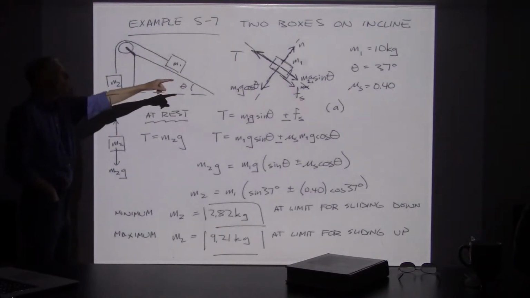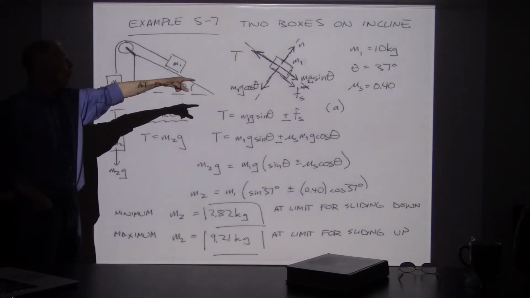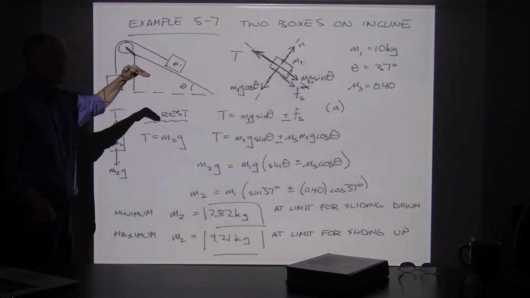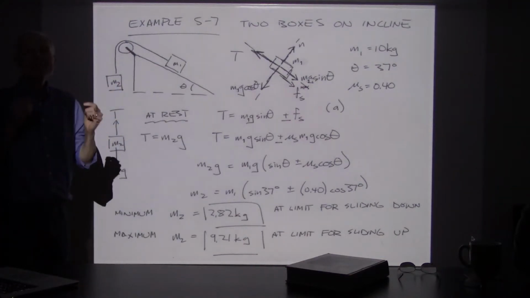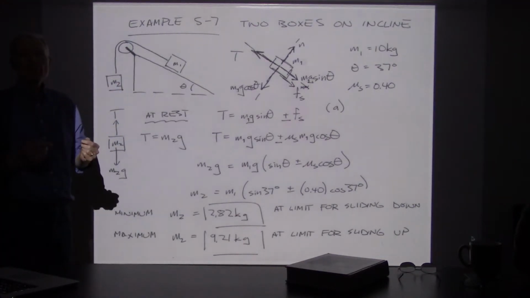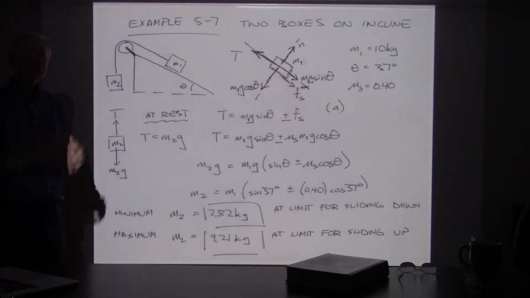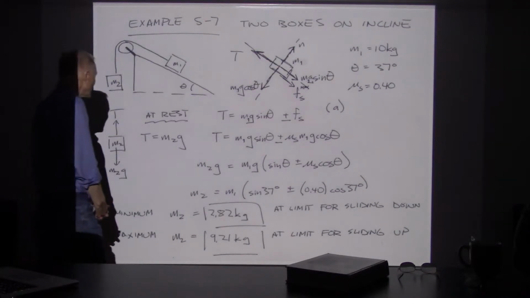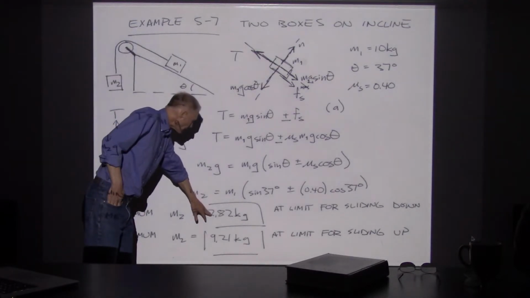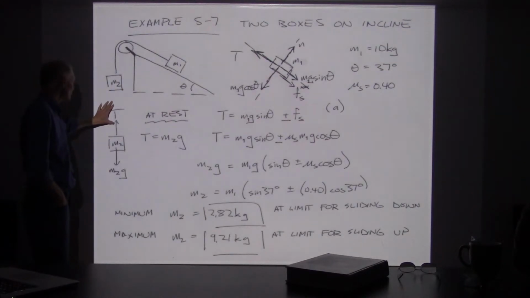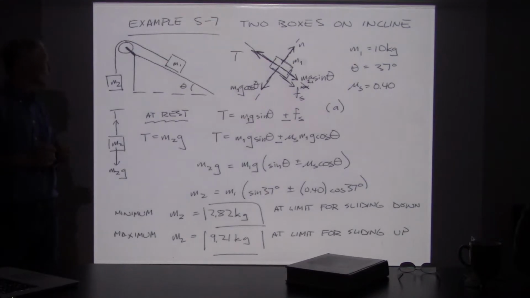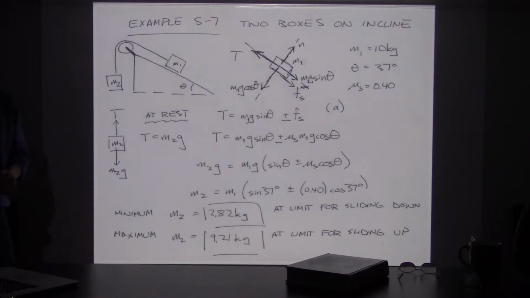So it does turn out that with a static coefficient of 0.4 at a 37-degree slope, static friction alone is not going to prevent this block from heading down this incline. So that's something that we've established here, and it does require at least this much mass in m2, generating some tension here, to help hold m1 from going down the incline.